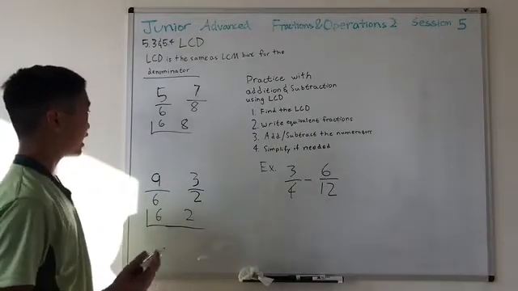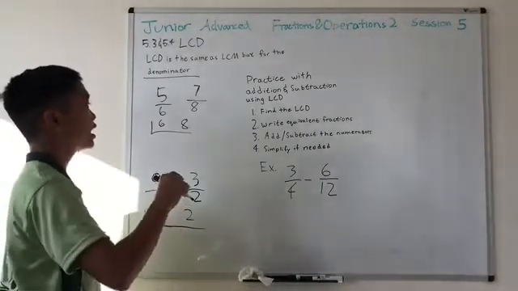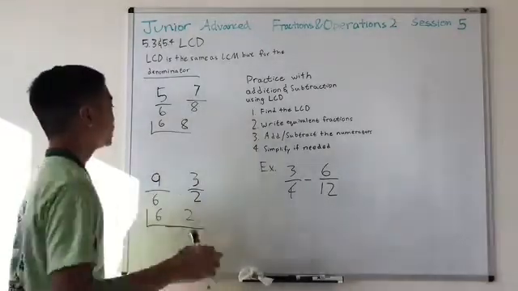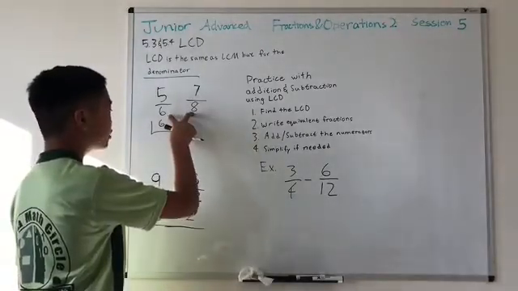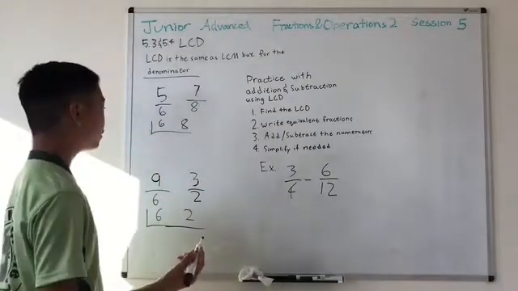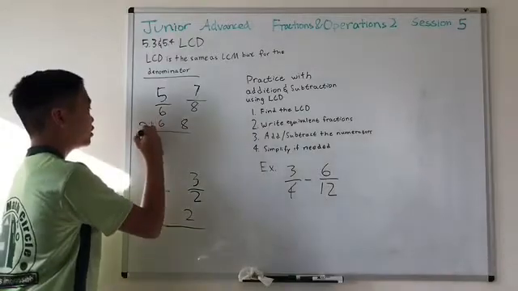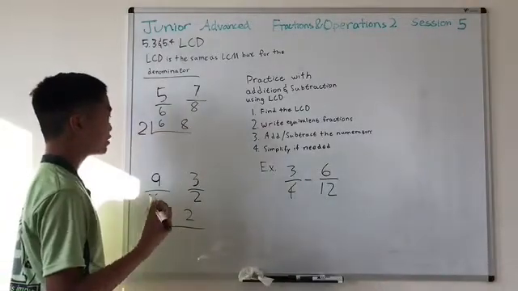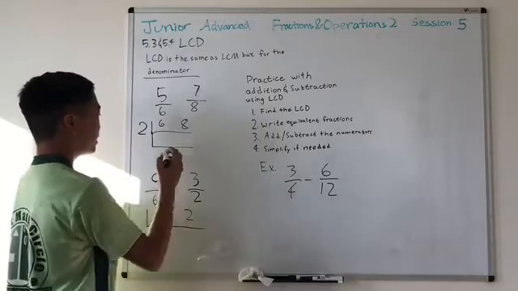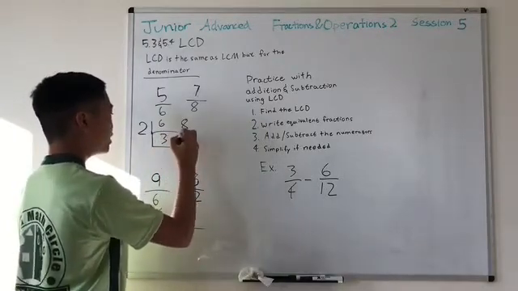So the first set is 5 over 6 and 7 over 8. And you can see I'm going to use the ladder because we take these two denominators and we put them in the ladder. And then we see what number can divide both of them. Now we know it's 2 because 6 can divide by 2 and 8 can divide by 2. And then we add another ladder and then we get 3 and 4.